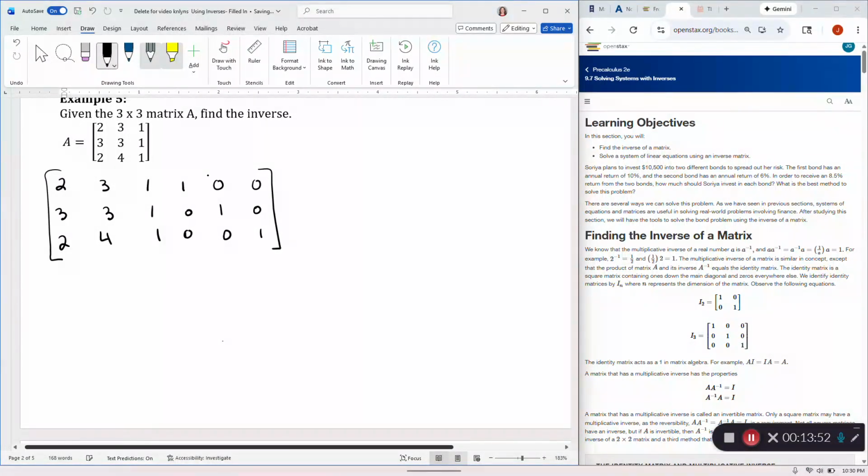First goal, I'm going to do row 2 minus row 1. 3 minus 2, 3 minus 3, 1 minus 1.